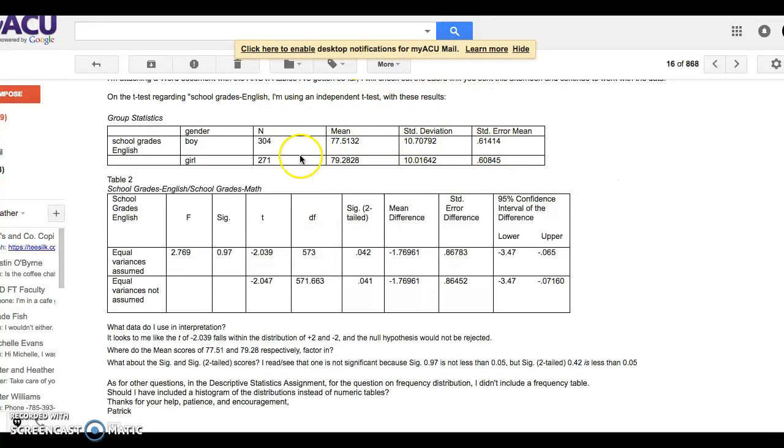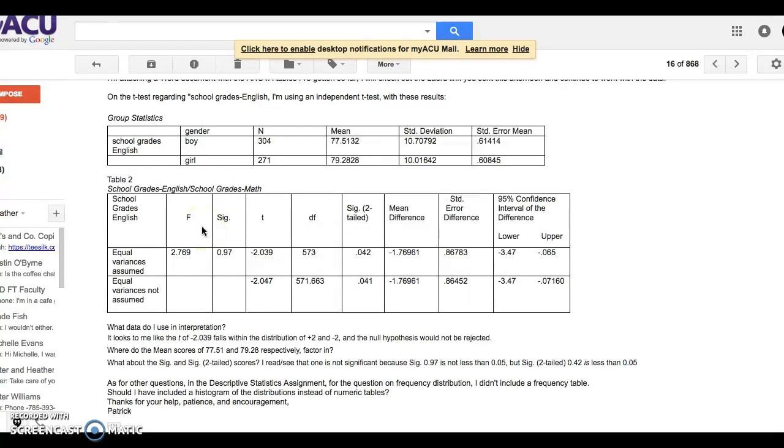You can look at this other stuff, but really what we're doing is testing the means with this t statistic. What's missing on your output down here is that right above this area should be a label called something like Levene's test for equality of variance. That's what this F and this significance, these first two columns, are about.